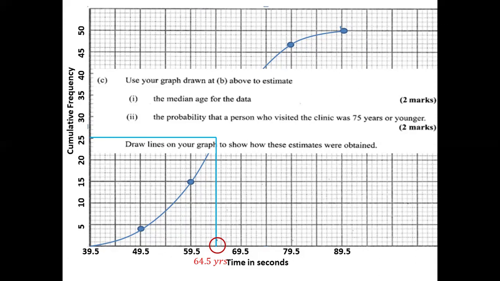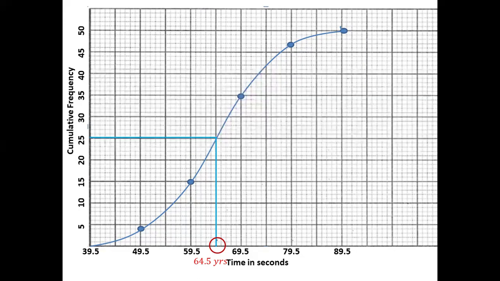Also, depending on how you draw your graph, you may not get 64.5, but the question here is telling us how these estimates, which mean it may not be exact, but it shouldn't be too far off, right? Also, the thing about drawing lines is that they should stay, so don't rub them out. Let them stay to show the estimates were obtained.